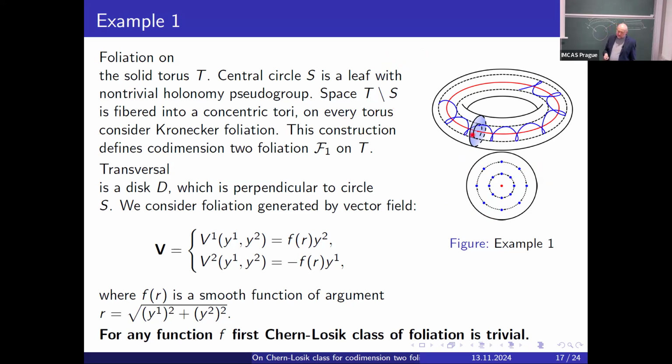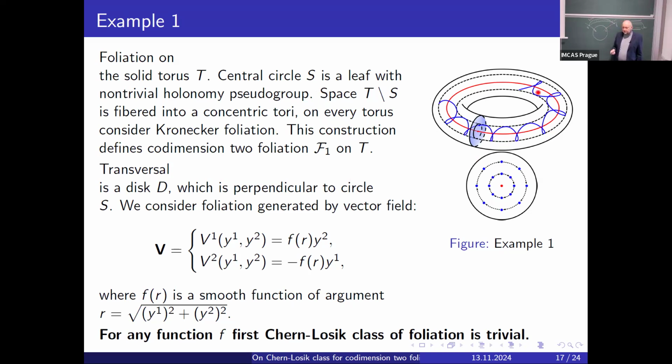And so the leaves of this foliation are the following. We have a central circle in the solid torus, and we have these, I don't know the right word, helices, something like helices, around this central circle.